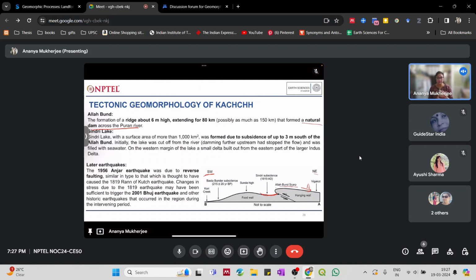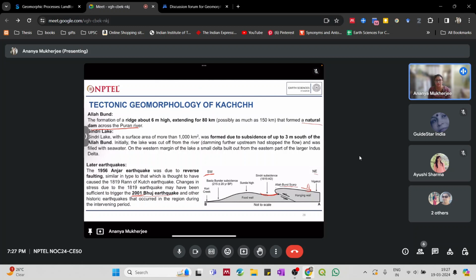And as we said, one of the most famous earthquakes that have happened with respect to the Kutch area is the 2001 Bhuj earthquake. What people have said is that the change in the stress contained by the plate because of the 1819 earthquake was sufficient to trigger the earthquake in January of 2001.